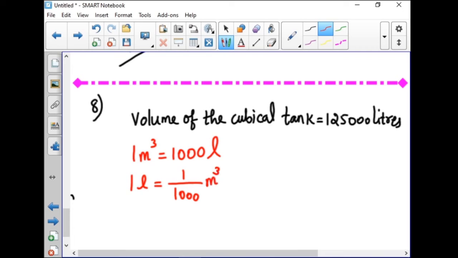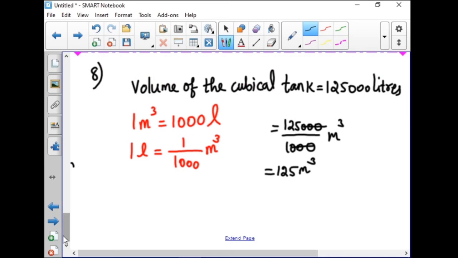So that means this value is equal to 125,000 by 1000. Okay. So 3 zeros cancel. Okay. So what do you get remaining? That is equal to 125 meter cube. Okay. So this is the volume.